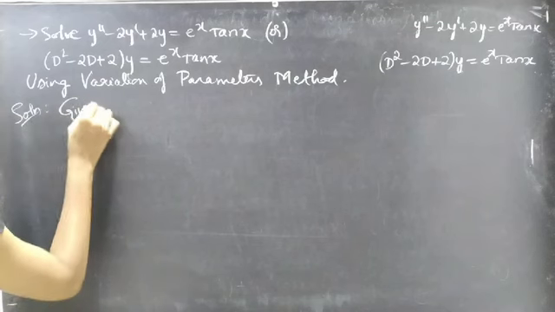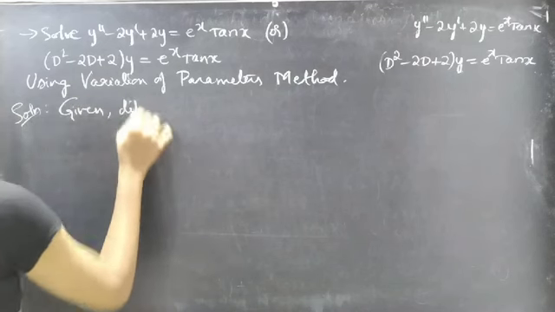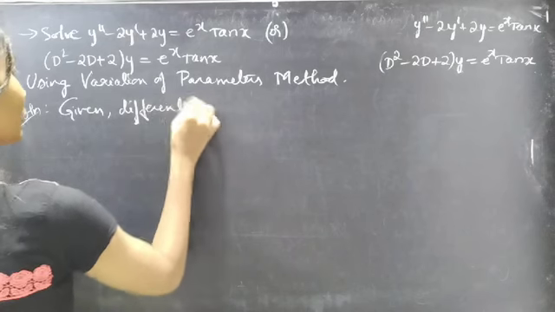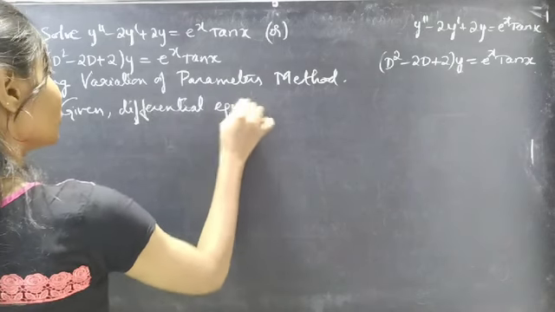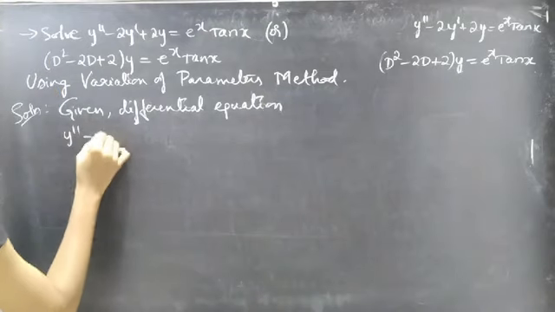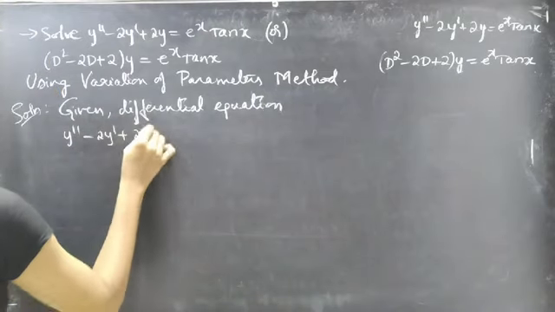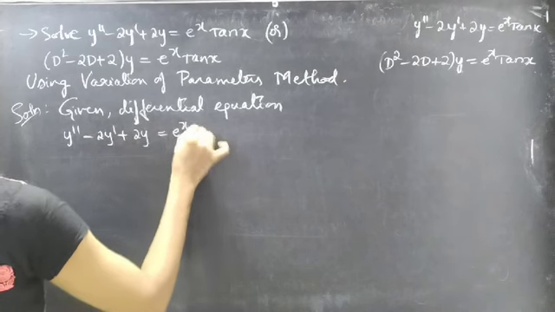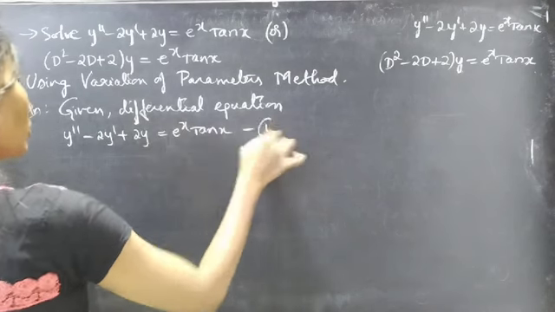Given differential equation, y double dash minus 2y dash plus 2y equal to e power x tan x, considered as equation number 1.